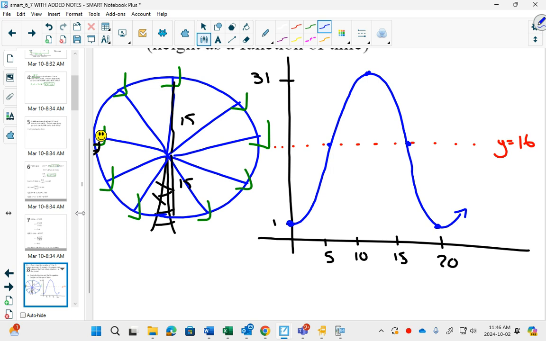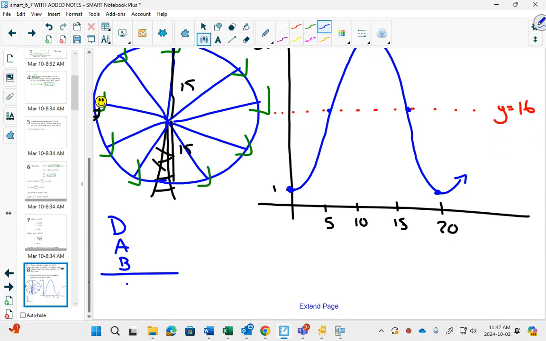So a little bit more difficult question because you have to take the information that's given and draw the graph. Once you've drawn the graph, now you can think about DAB-C. The D value is 16. The amplitude is 15. The B value, right, is related to your period.